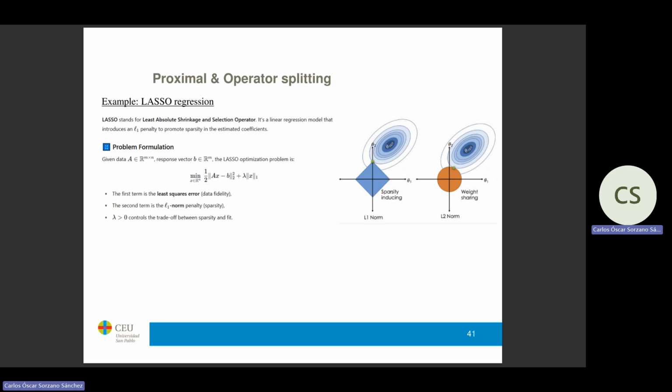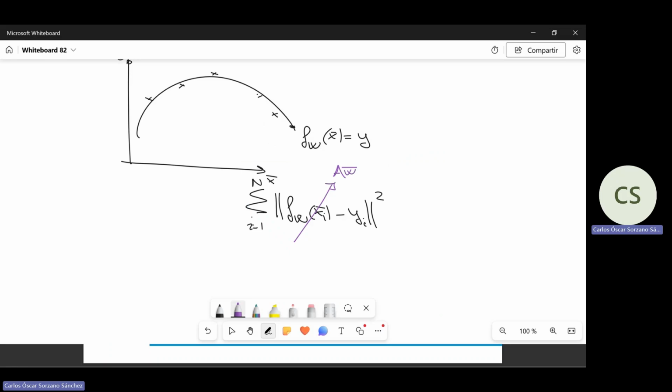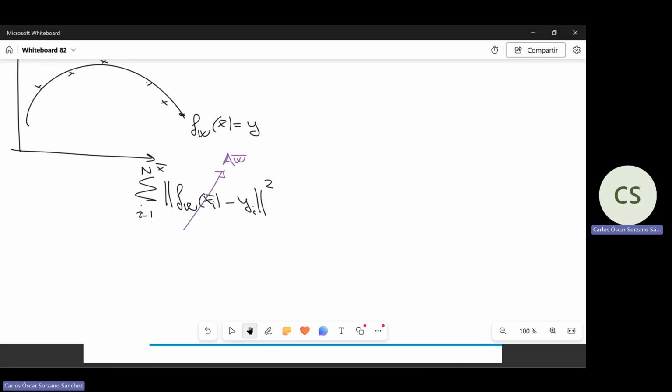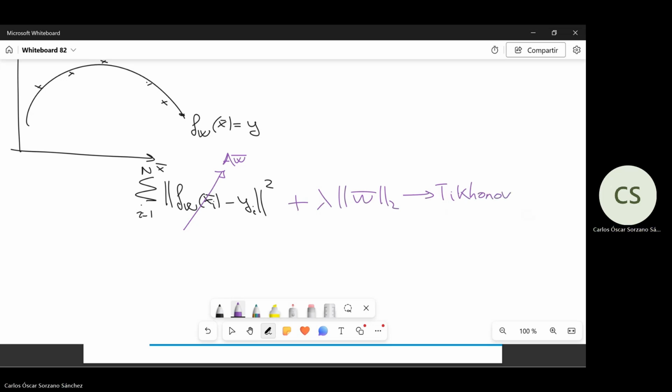So if we want to penalize this problem, then you have to add something on our W. So this is called Tikhonov penalization. And this one is the last one. So L2 norm or L1 norm.